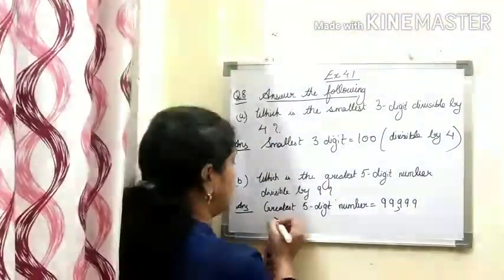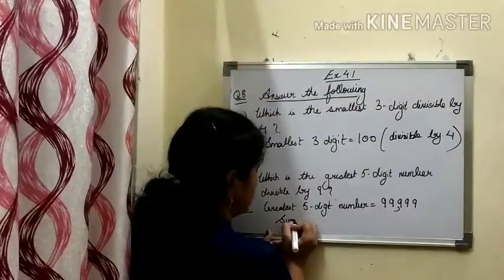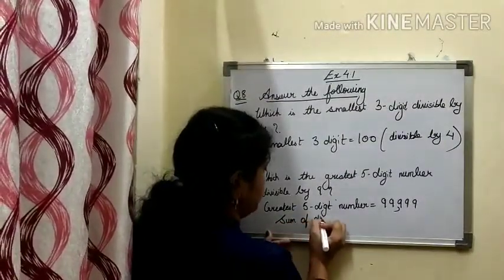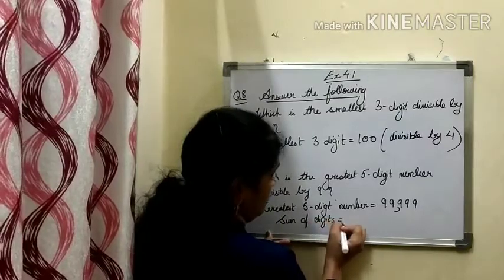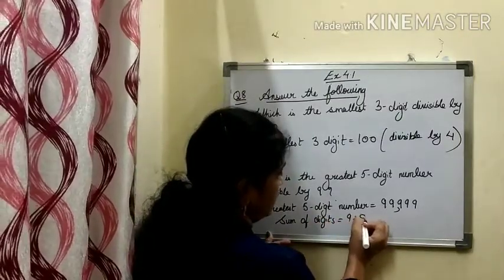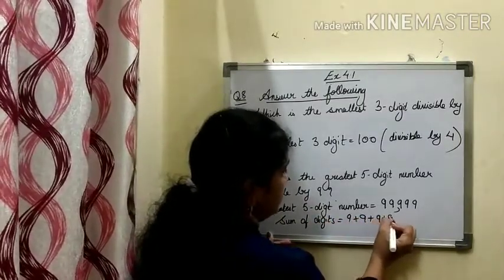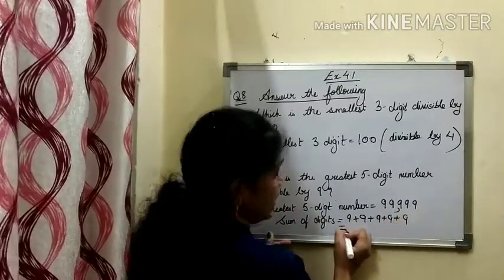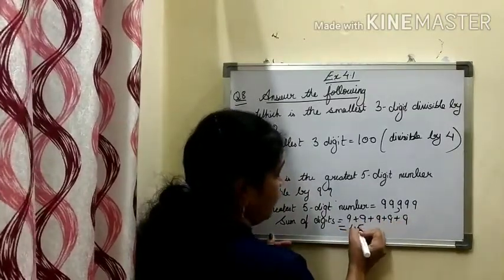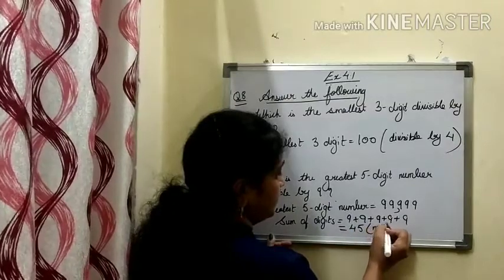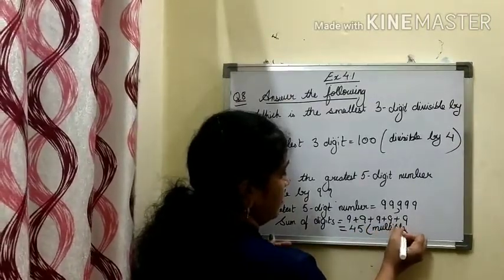We will find the sum of digits. When we find the sum of the digits, what will it be? 9 plus 9 plus 9 plus 9 plus 9, that means 5 times 9. 9 5s is 45. 45 is a multiple of 9.